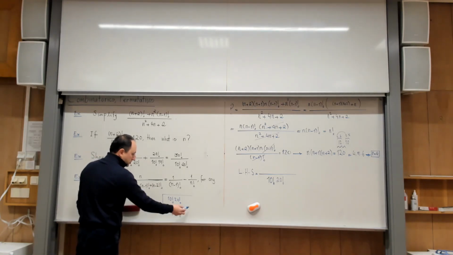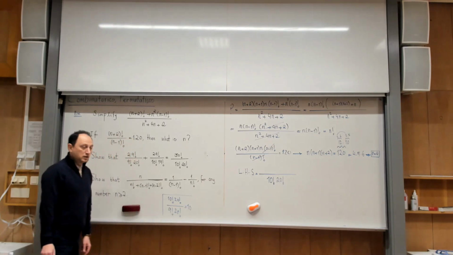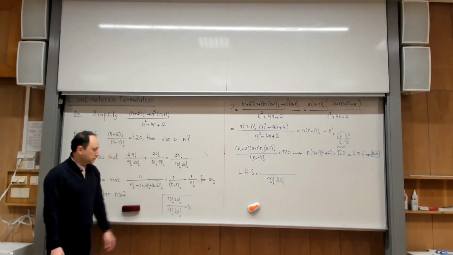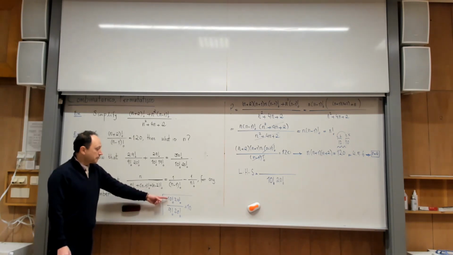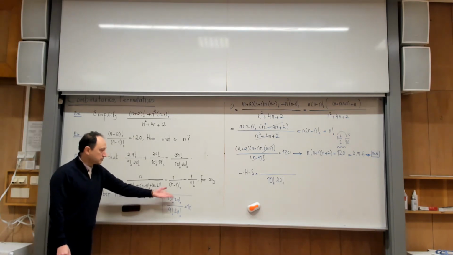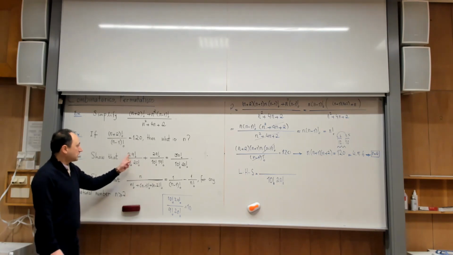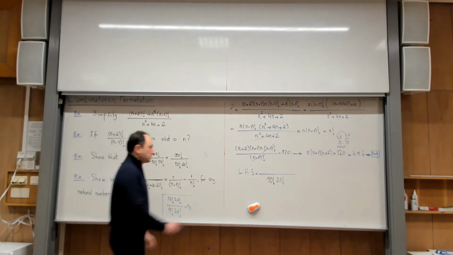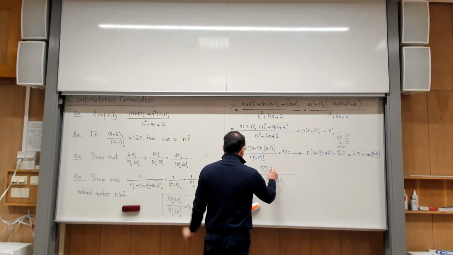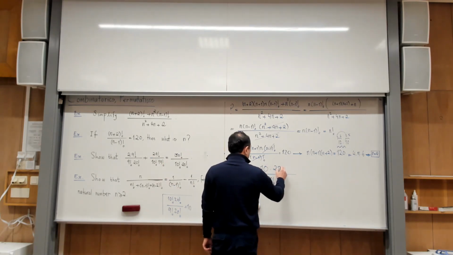So what is the answer? The answer is 10. Do you agree? So this 20 factorial and 20 factorial are gone, and then this becomes 10 times 9 factorial, so I have to multiply it here by 10. So this becomes 10 times 29 factorial.